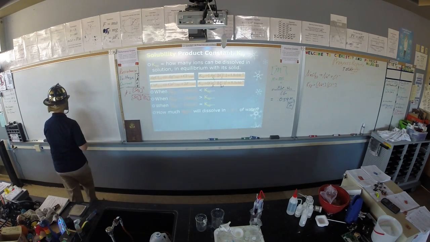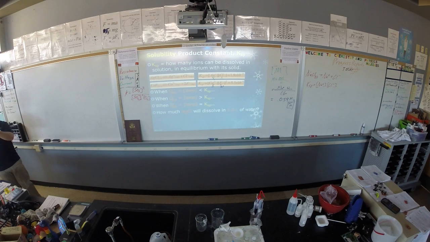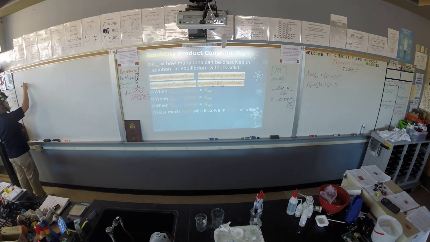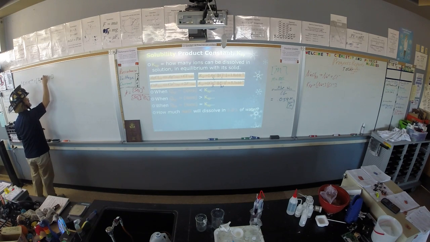So the first thing we have to realize is the KSP at saturation, because what we really want to know is how much can we add until it becomes saturated, right? So the KSP at saturation is 1.8 times 10 to the negative 10. And that equals the concentration of the silver multiplied by the concentration of the chlorine.